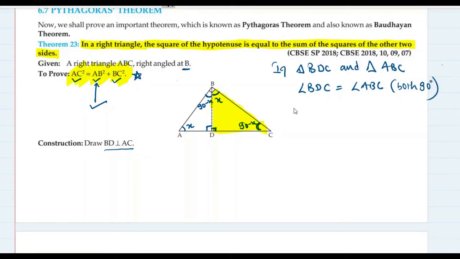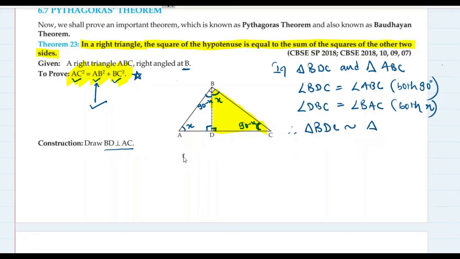Okay, next, angle DBC, which is X, is equal to angle BAC, both X, right? So I'm proving this small yellow triangle and the big triangle ABC are similar.